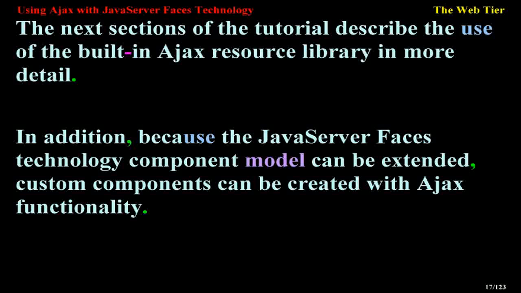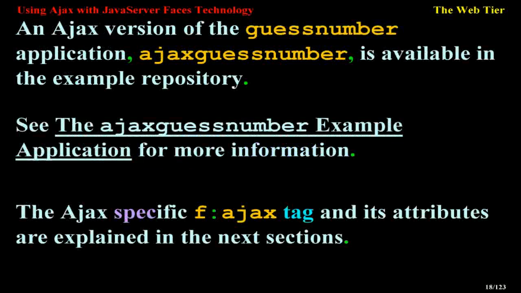In addition, because the JavaServer Faces technology component model can be extended, custom components can be created with Ajax functionality. An Ajax version of the guessnumber application, ajaxguessnumber, is available in the example repository. See the ajaxguessnumber example application for more information.